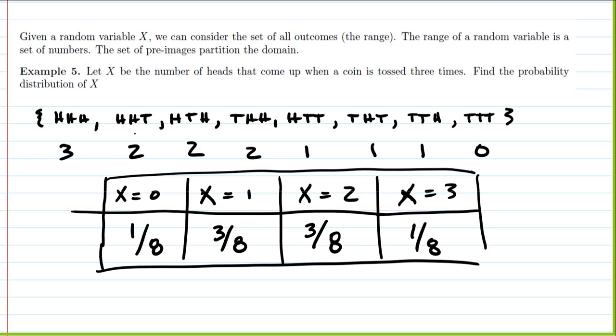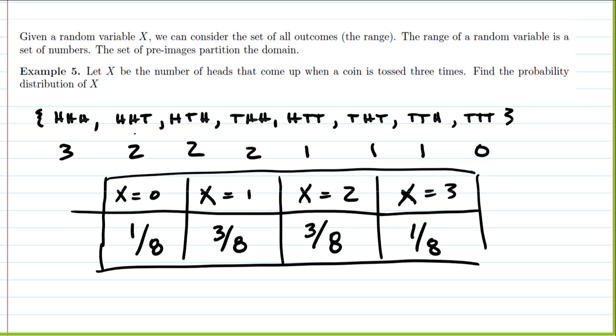Getting no heads or 3 heads is going to be the hardest, right? Because that would require 3 of the same flip. And getting any mixture of those would be the next most common thing, which is indeed what this shows. So that's our probability distribution for our random variable x.